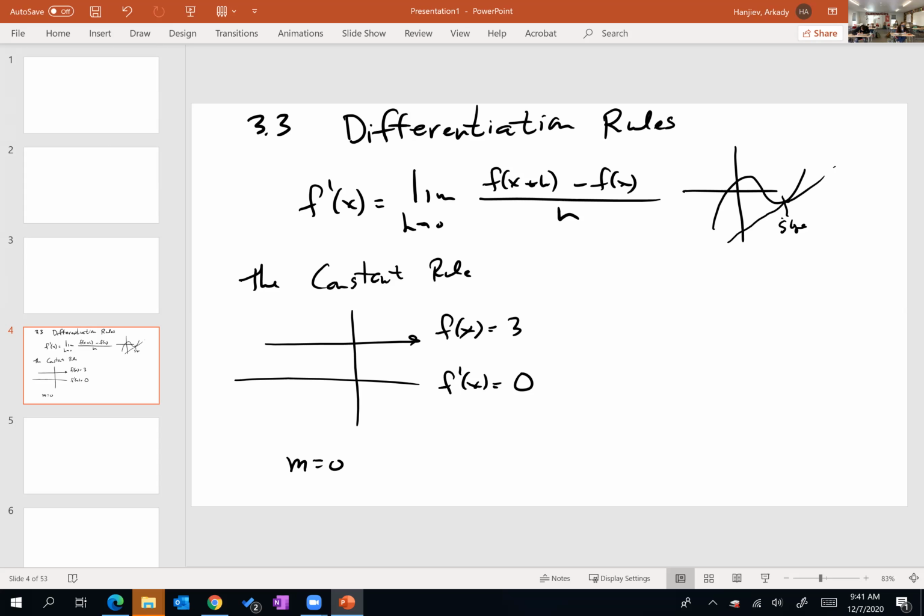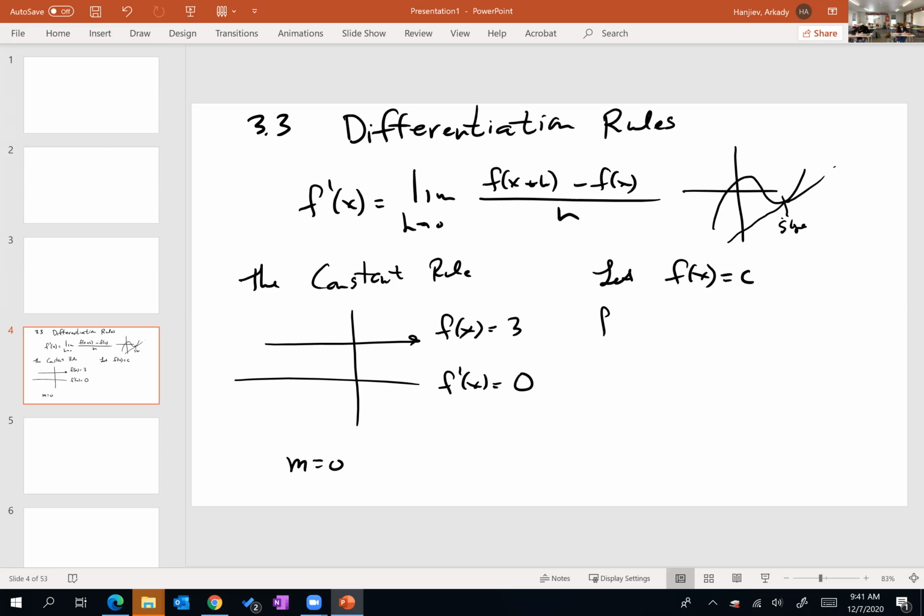We can also do it theoretically. We can set up the formula and prove the fact that any constant term will have a slope of 0. The way we prove it is we just say: let f of x equal c, where c is our constant term.